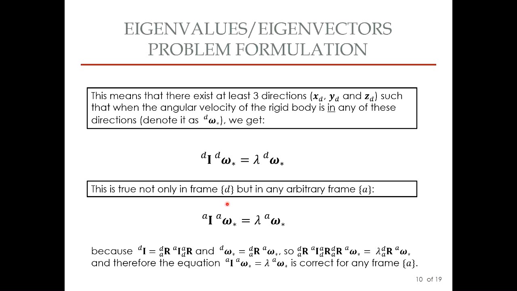The only thing we know is this I in frame A, where frame A is some random frame that we chose, where we can find our I, possibly in a convenient manner. So what to do?